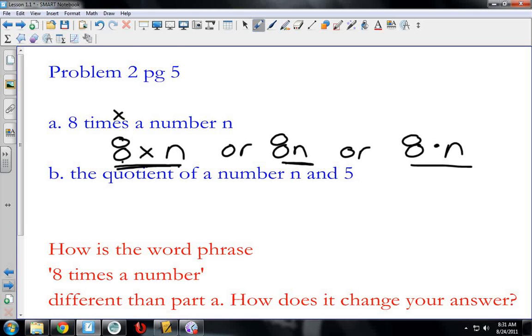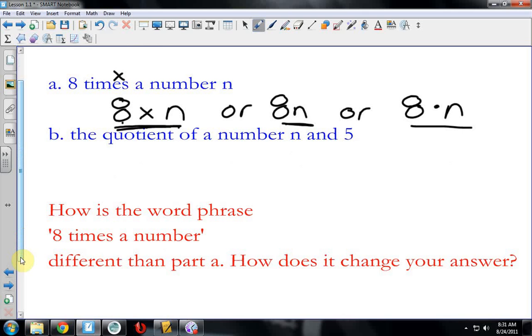All right, B, the quotient of a number n and 5. All right, what operation is this one? Divide. All right, so this is divide. All right, and what number's going to go first? n, yeah, or x, but here they told us n. So n divided by 5.